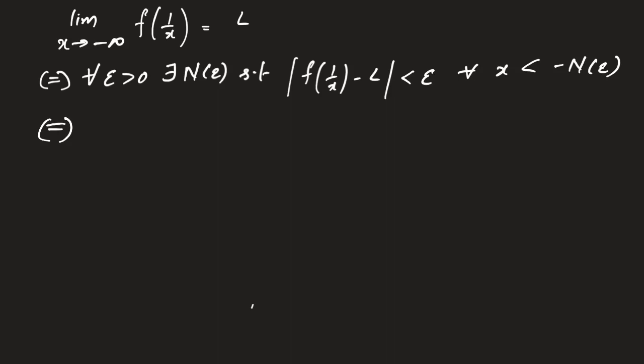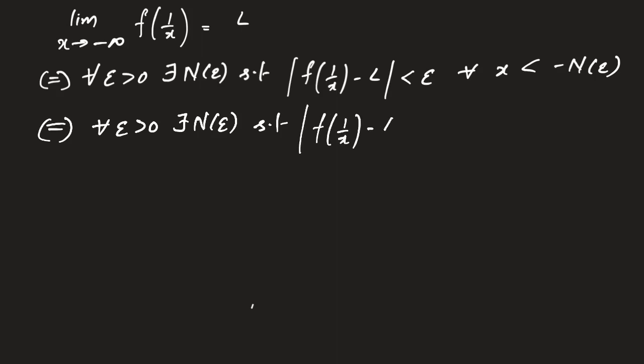Which is if and only if for every epsilon greater than 0 there exists an N of epsilon such that mod of f of 1 by x minus L is less than epsilon for all x such that 0 is greater than 1 by x is greater than minus 1 by N of epsilon.